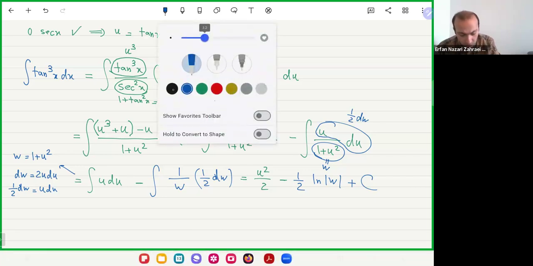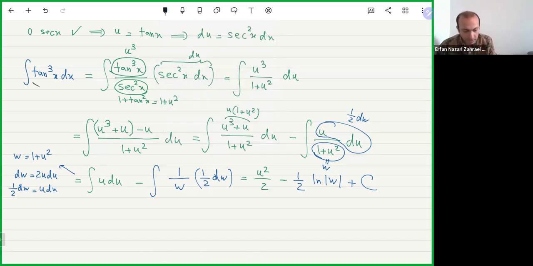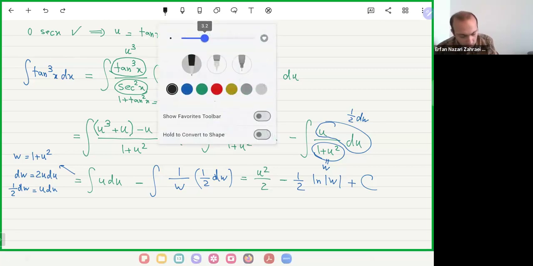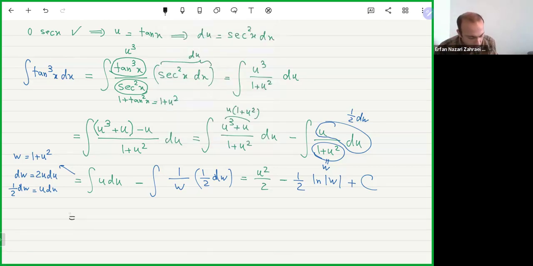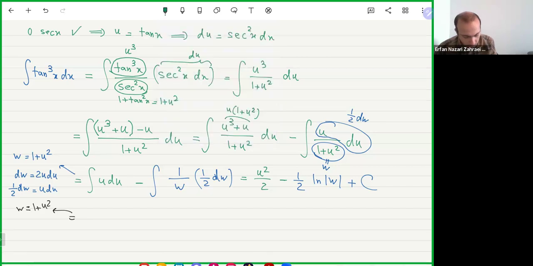Now, this is not a good final answer because my final answer should be in terms of x. These are in terms of u and w. I need to substitute back. First, substitute back w as 1 plus u squared. Then what do you get?